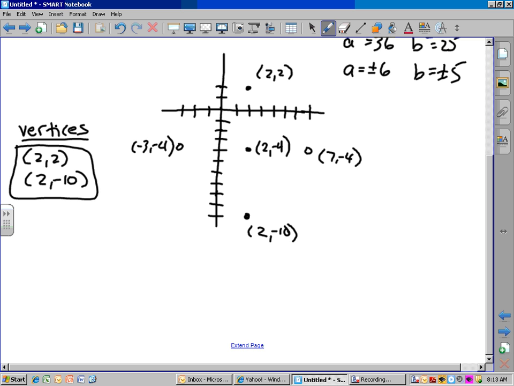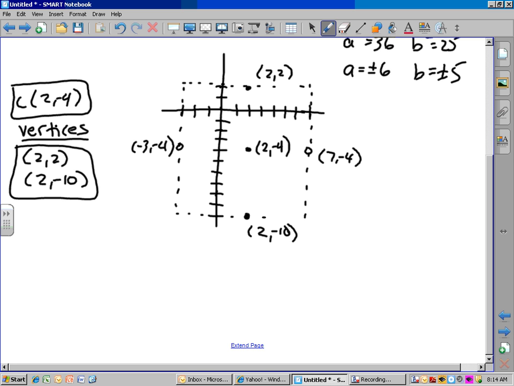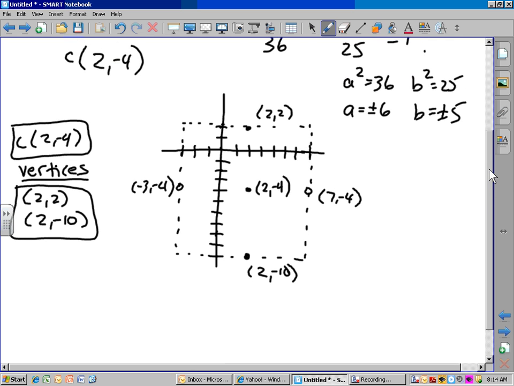No, that's the center. We already wrote it, but the center is 2, negative 4. That's something we also need. So the fundamental rectangle can be drawn. The asymptotes can be drawn. And the graph can be drawn.